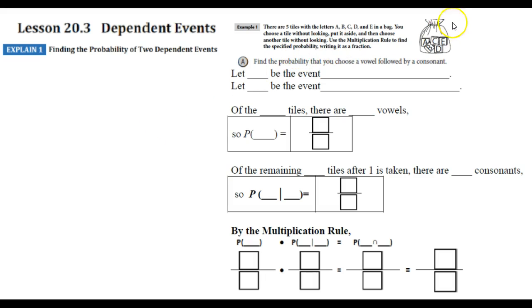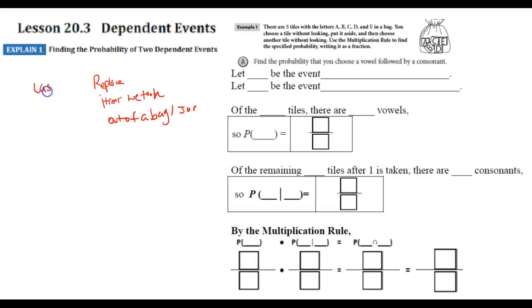So let's say there's a bag, as you can see in your picture. There are 5 tiles with the letters A, B, C, D, E in that bag. You choose a tile without looking and put it aside. So you're not going to put it back. That's the thing about this. In the last lesson, we would replace the items we took out of a bag or a jar.